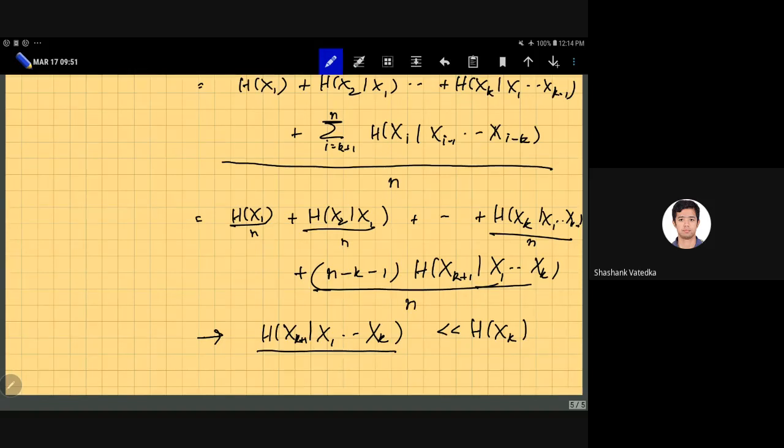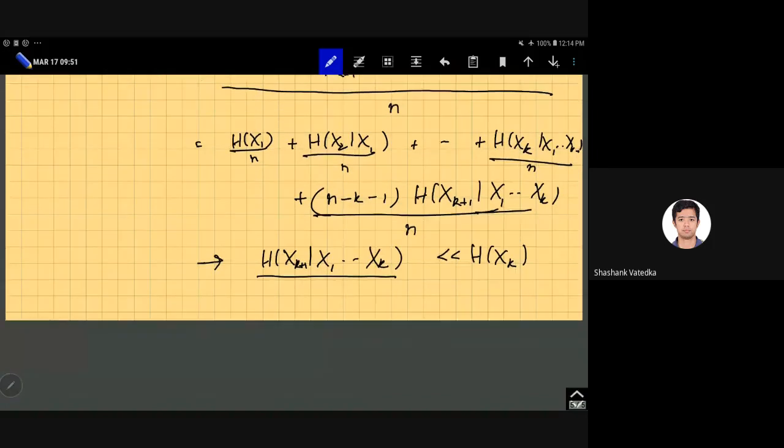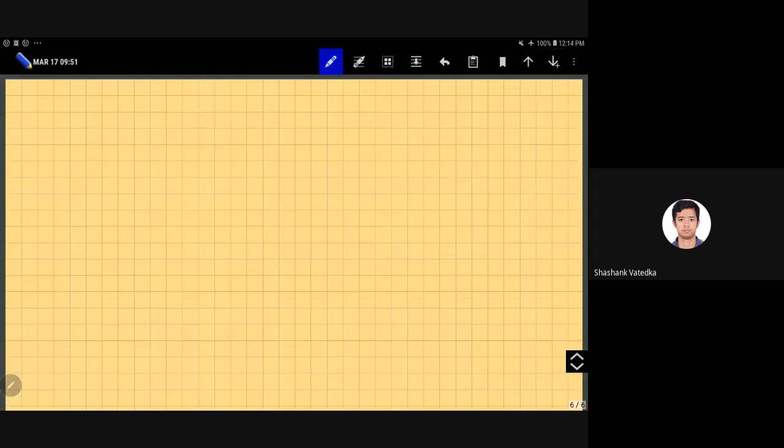Does that answer your question? Yes, sir. Okay, so Anu is asking the question, how can the expected length be less than the entropy? Again, it's not the length, it is the compression rate, which is the expected value of the length of Xn divided by n, right? And we know that the minimum rate of compression is equal to the entropy rate.